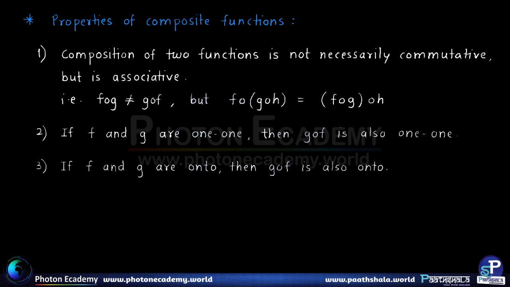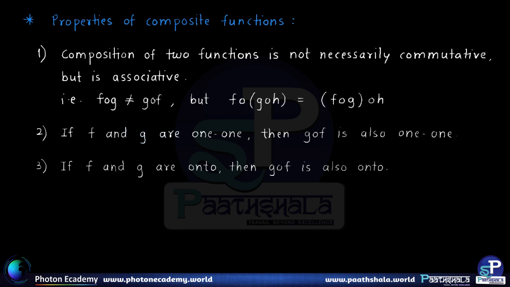Now the second property is, if f and g both are 1-1 functions, then g of f is also a 1-1 function. And the third property is very similar: if f and g are onto, then g of f is also onto. Let us visually confirm this property.